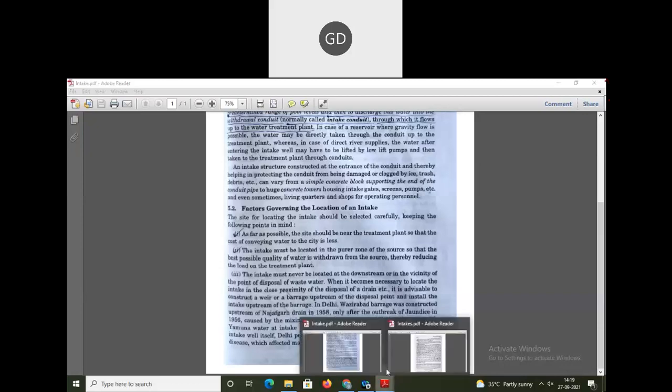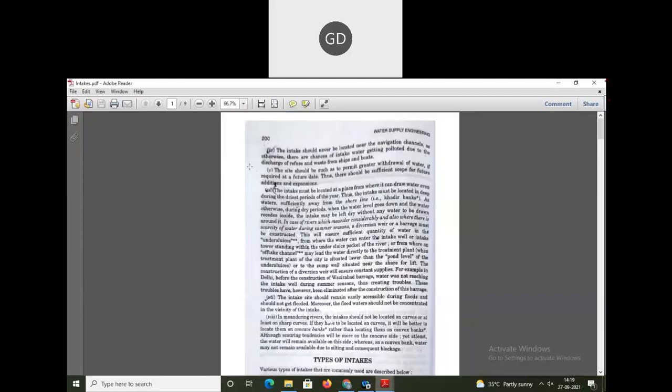Next point: the intake should never be located near navigation channels, as otherwise there are chances of the intake water getting polluted due to the discharge of refuse and waste from ships and boats.